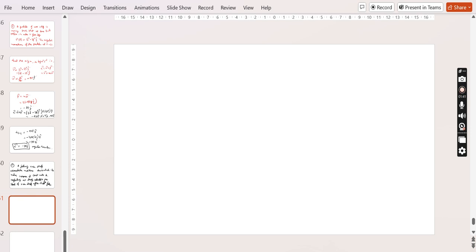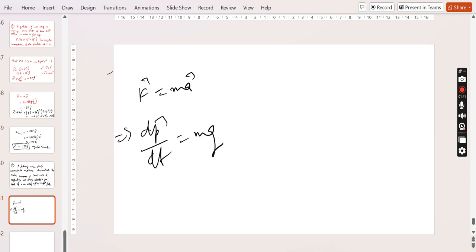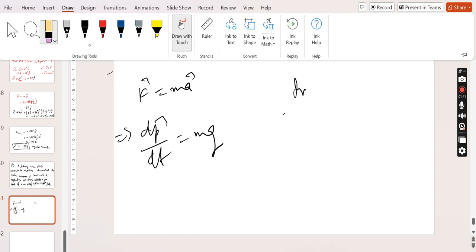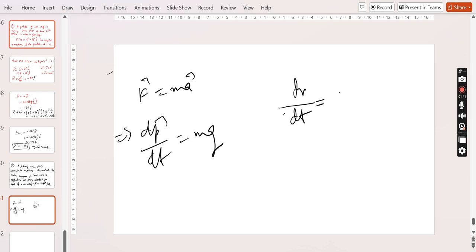So the equation of motion. Given that the rate of increase is constant, so once we change the control volume into density.